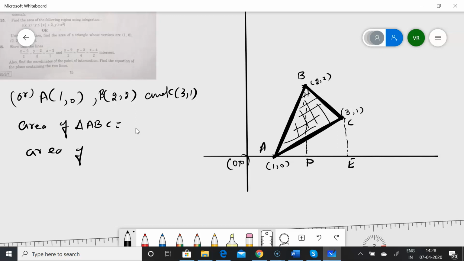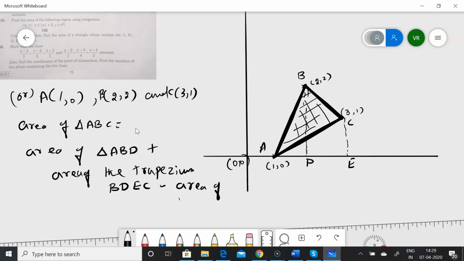So area of the triangle ABC is equal to area of triangle ABD plus area of the trapezium BDEC minus area of the triangle AEC.